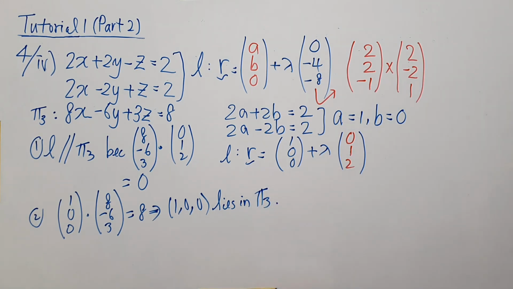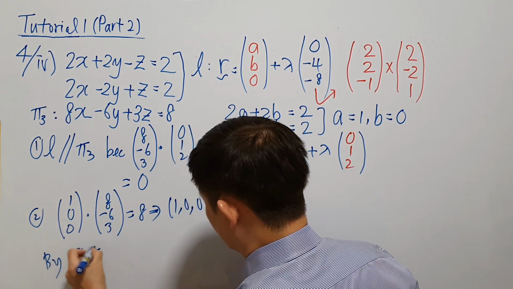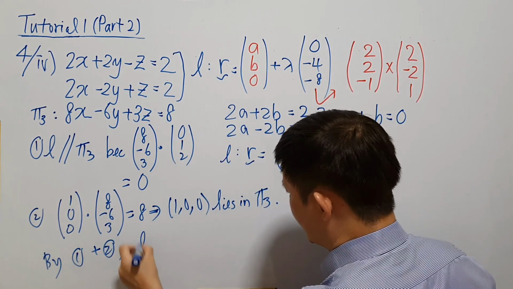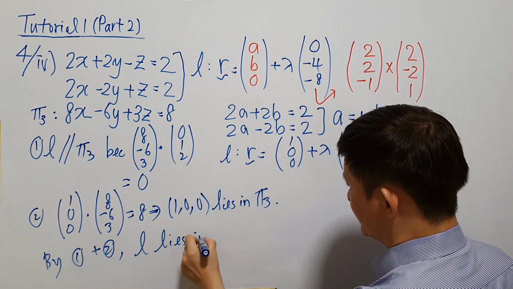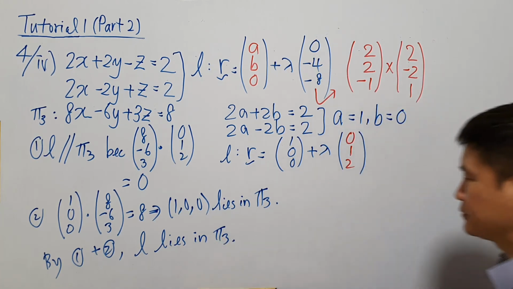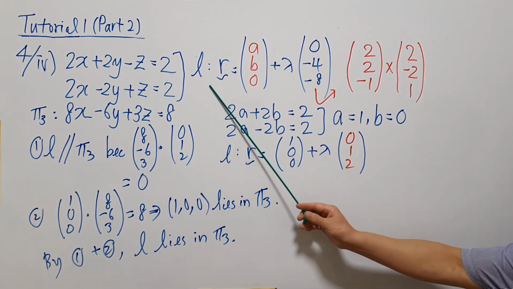So when that happens, by 1 and 2, the entire line L lies in pi 3.